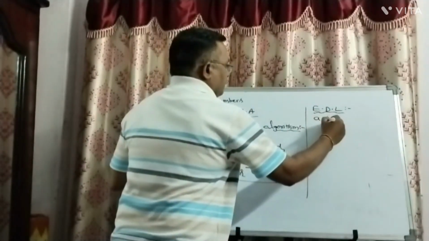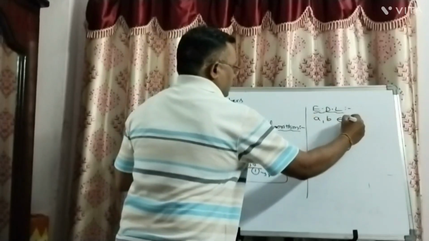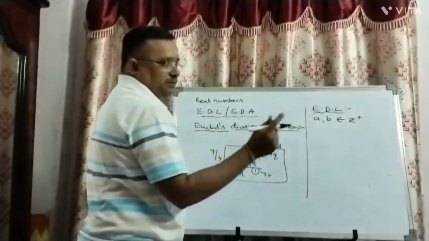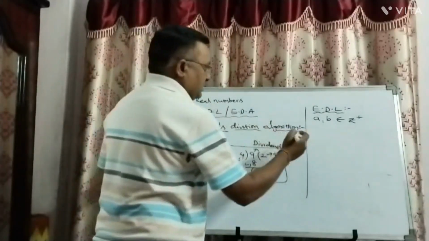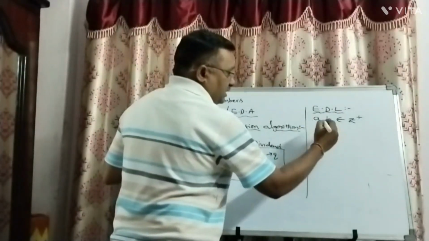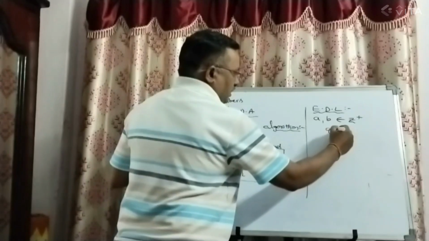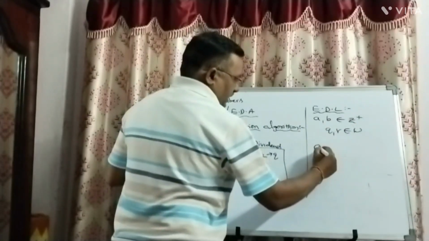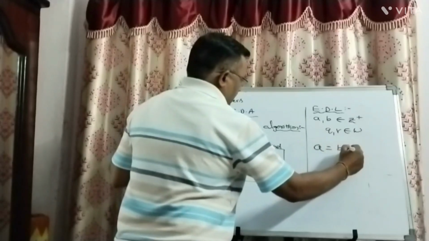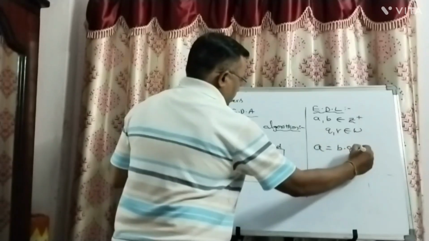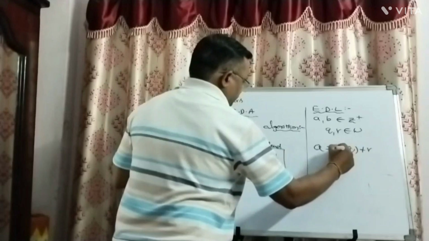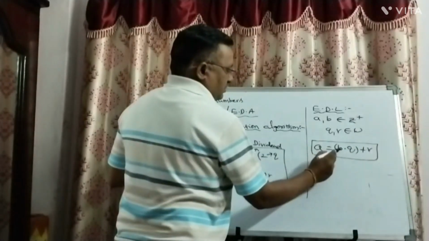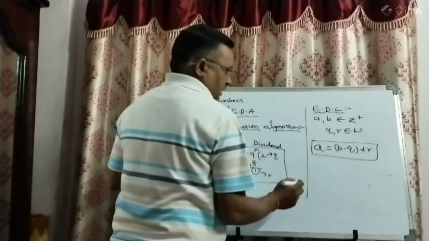If a, b are any two positive integers, related to them you will get another unique pair of whole numbers q, r, such that dividend a is equal to b times q plus r, divisor into quotient plus remainder. Got it? Dividend is equal to divisor into quotient plus remainder.